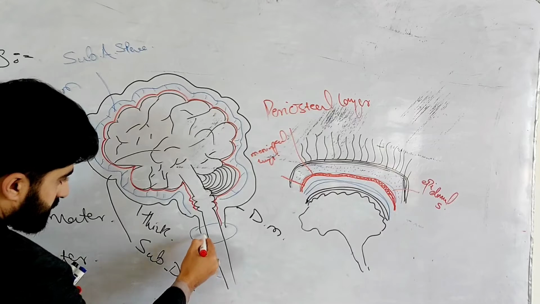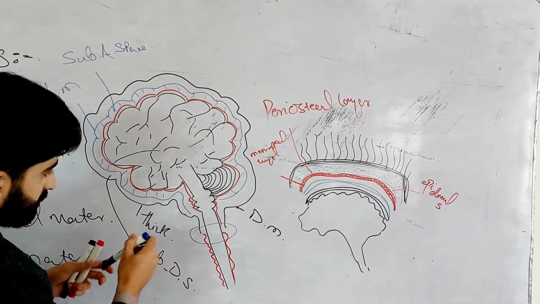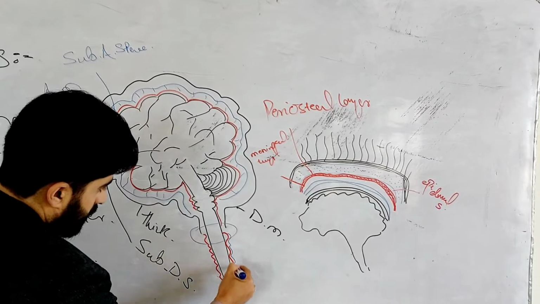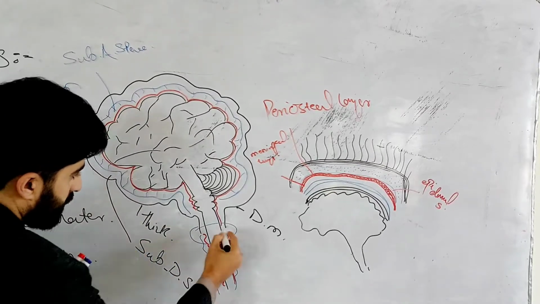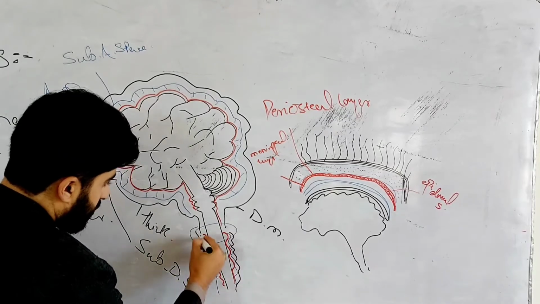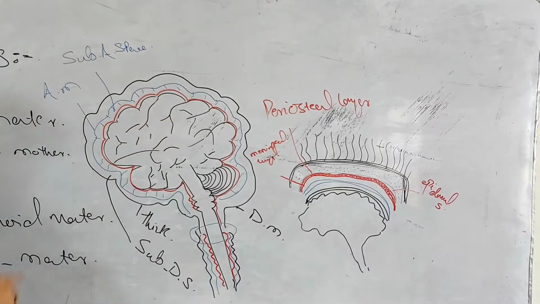So the first layer is the pia mater. This is the pia mater. The second one is the arachnoid mater, and the third one is the dura mater, having only one layer descend, which is called the meningeal layer. Okay.